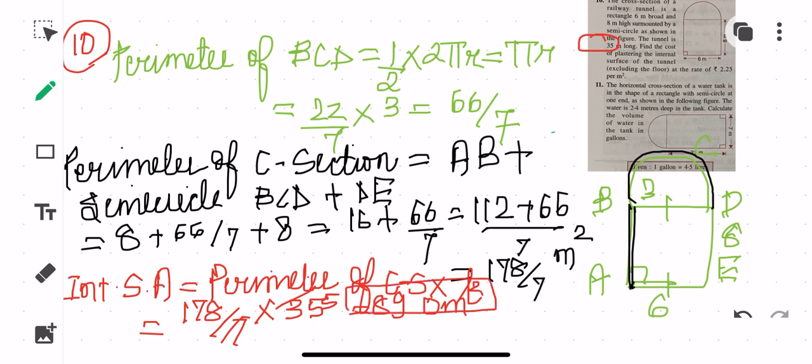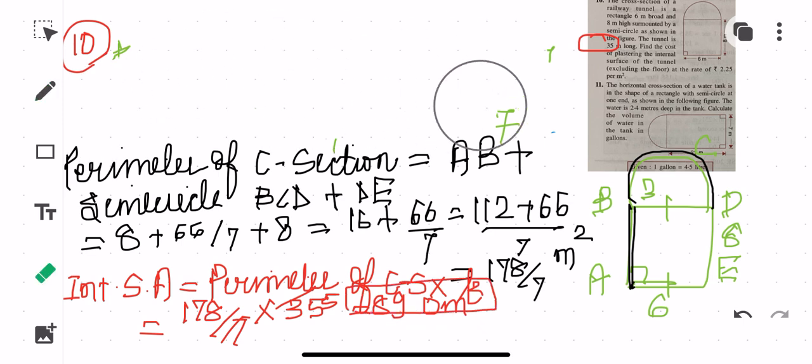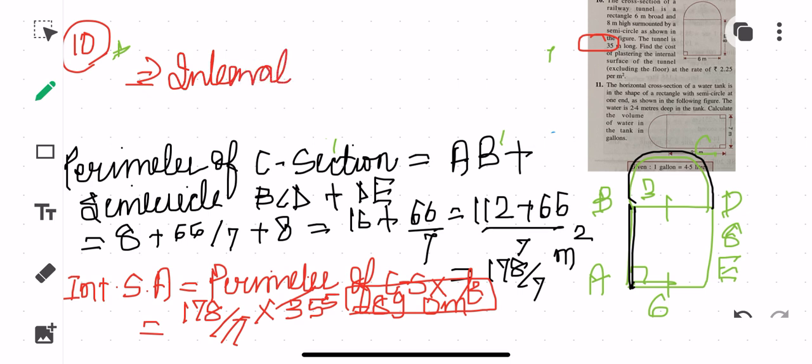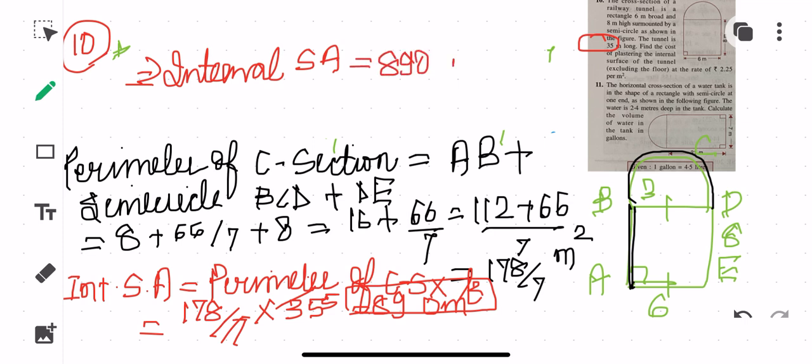So here I'll be writing, because down there it's very clumsy, children, that this implies that internal surface area is equal to 890 meters square.